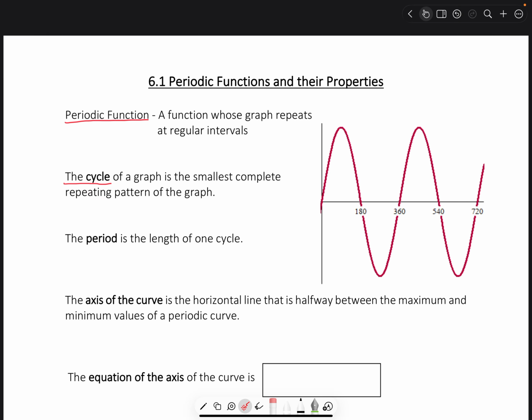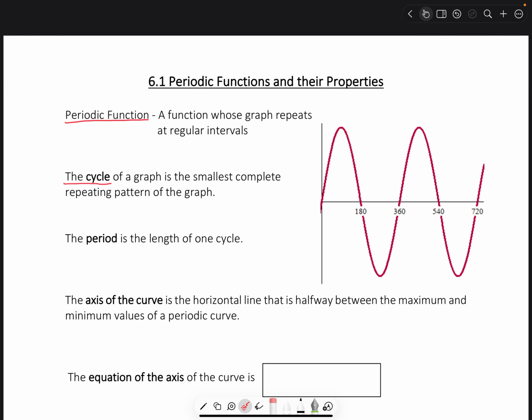Now a cycle is the part in a periodic function which is being replicated over and over again at regular intervals.